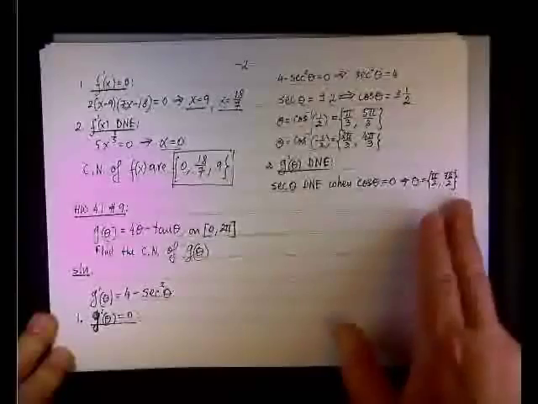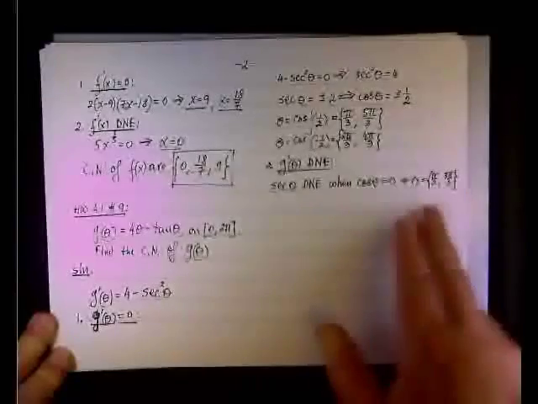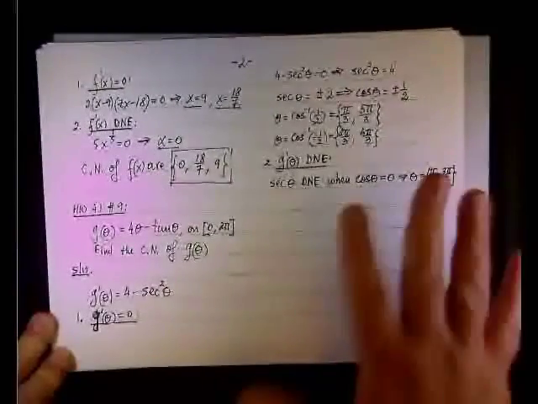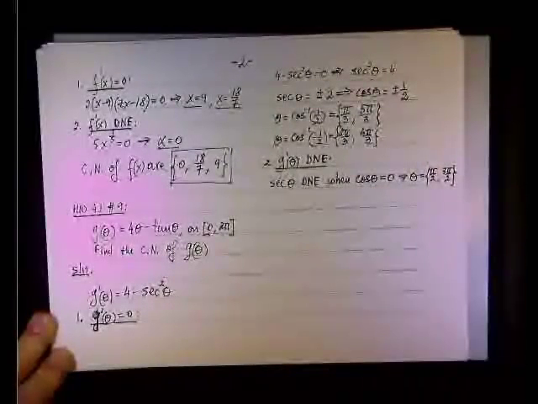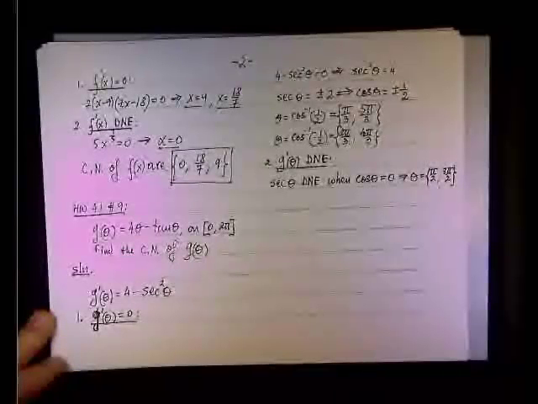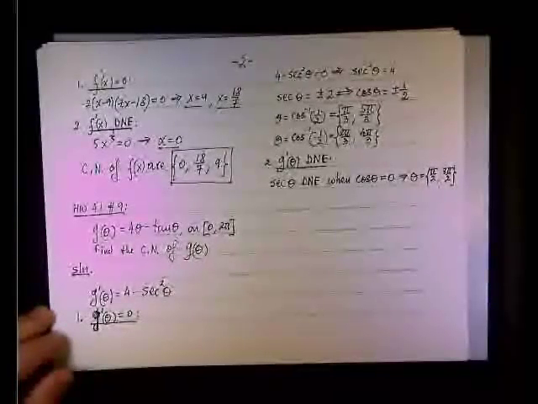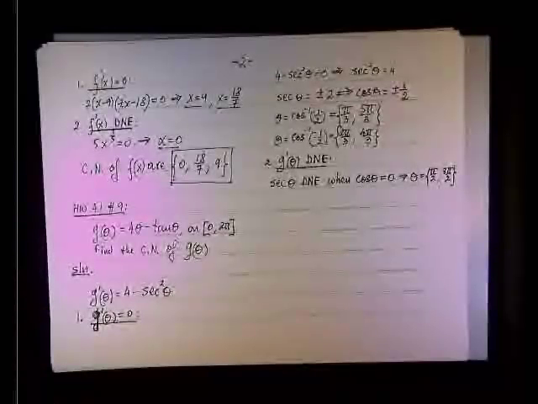The tangent is sine over cosine. And the cosine equals 0 at pi over 2 and 3 pi over 2. So pi over 2 and 3 pi over 2 are not in the domain of the function to begin with. If it's not in the domain, then we are not going to look at critical points over there. If it's not part of the function, then it cannot be part of the solution.